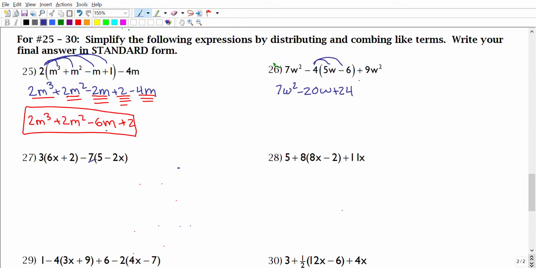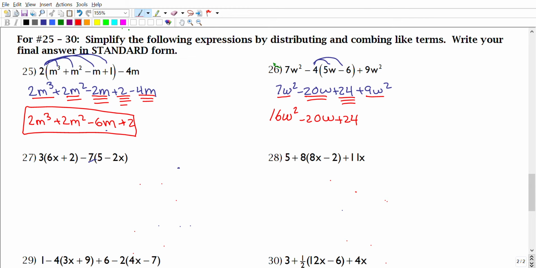And this plus 9w squared is just at the end, so I don't have to do anything with it just yet. But now I can combine the 7w squared with the 9w squared to get 16w squared. Next one I see here is this w, so -20w. And finally, this plus 24.